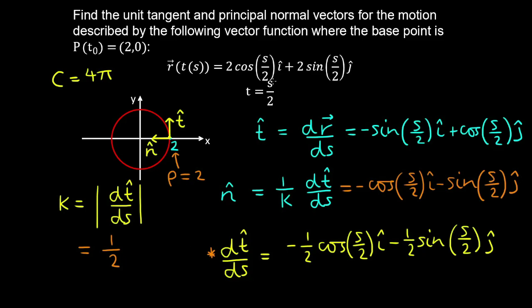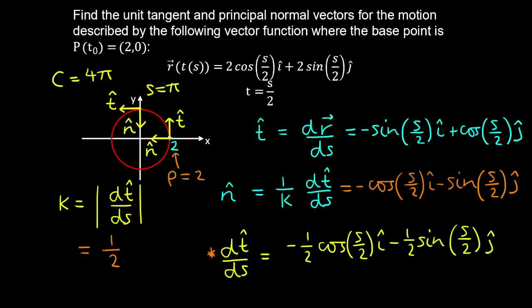Now when the directed distance s from the base point is equal to 1/4 of the circumference, being pi, then the unit tangent vector has a component of -1 in the x direction, and in the y direction, cosine pi on 2 is 0. And the principal unit normal vector has a 0 component in the x direction and -1 in the y direction.